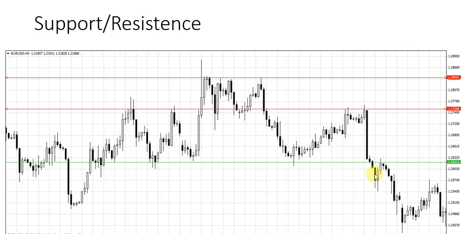Instead of entering that way, playing a little safer, saving, from like 1.257 to 1.262, about 500 pips on that one, and then entering again down once it retests, like enter on the green line.